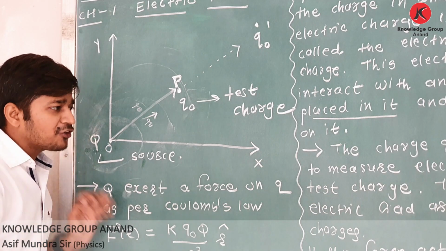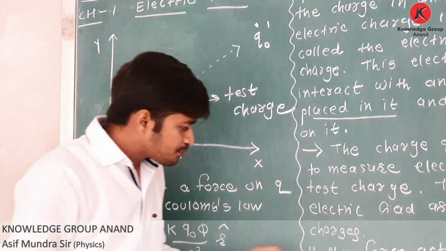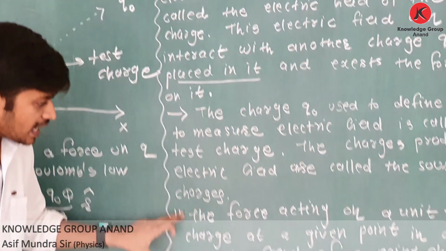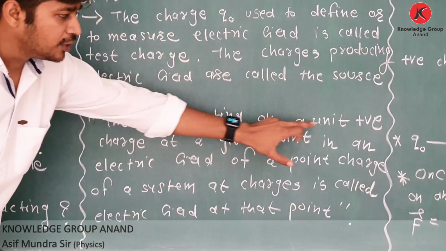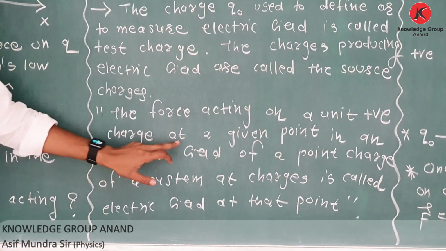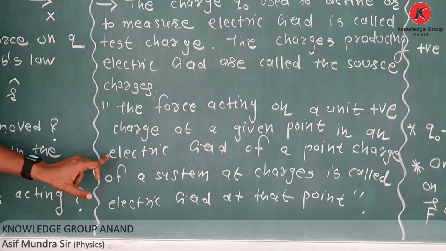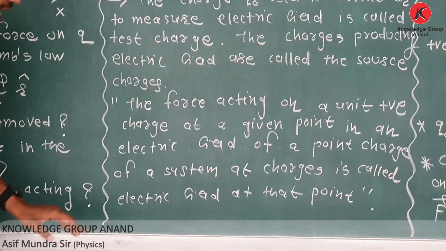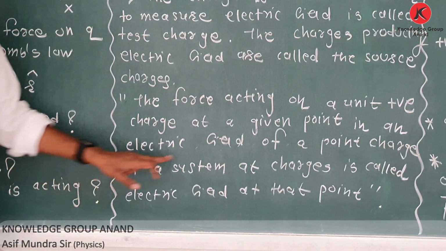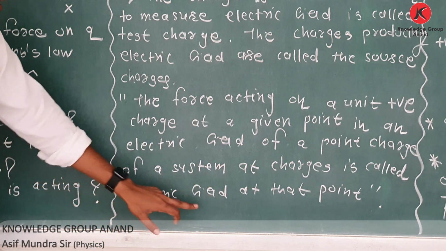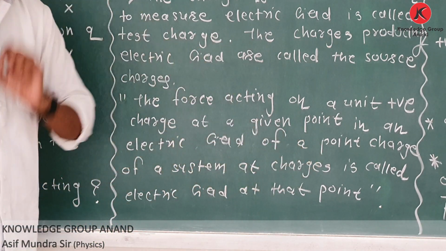Now, what is the definition of electric field? See, the force acting on a unit positive charge at a given point in the electric field of a charge or a system of charges is called electric field at that point.